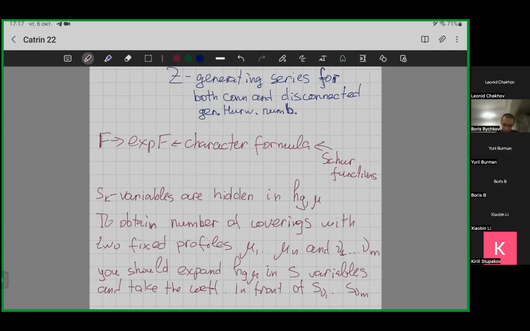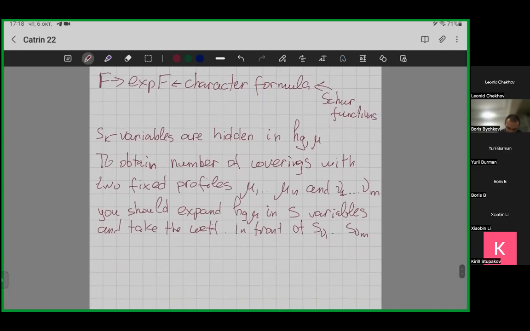If there is some time today, this is the next generalization. The next generalization of all this stuff is when we expand this H in the second tuple of variables, in these s variables, and maybe if time permits today, I will say something about it.